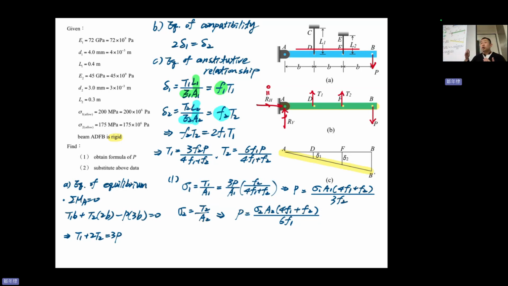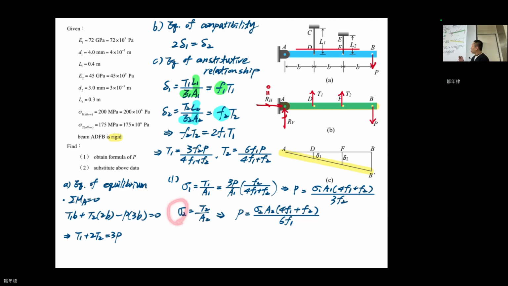So you have T1 and A1, T2 and A2, and you have the formulation for P. This P is obtained from sigma 1, and this P is obtained from sigma 2.